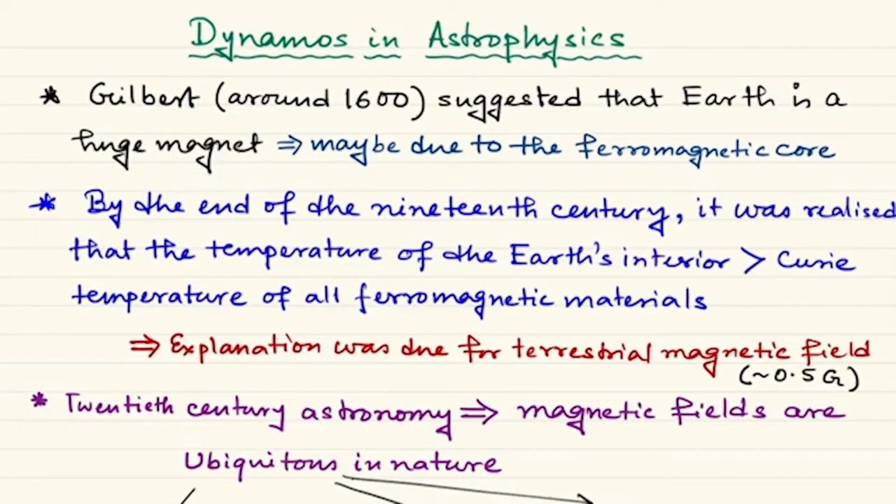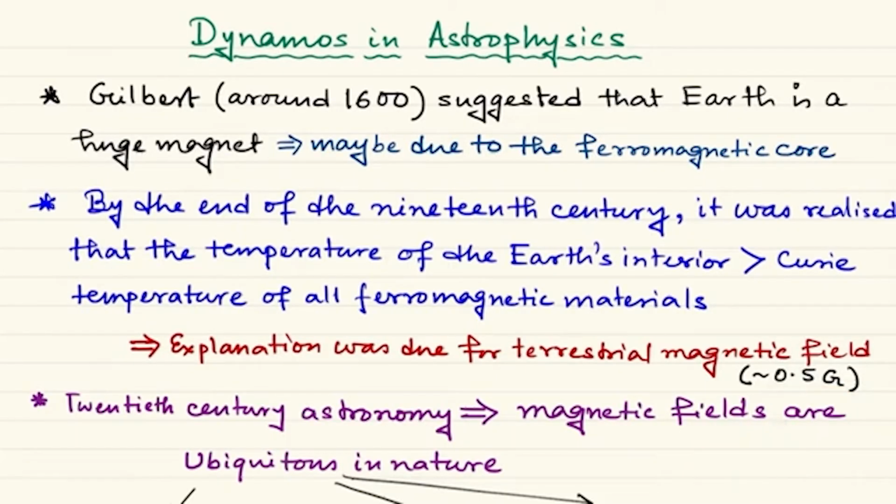Now an explanation was due for the terrestrial magnetic field. The terrestrial magnetic field is moderately weak, of the order of 0.5 Gauss to 1 Gauss. As you know, 10 to the 4 Gauss make 1 Tesla, so this is almost of the order of 10 to the minus 4 Tesla.